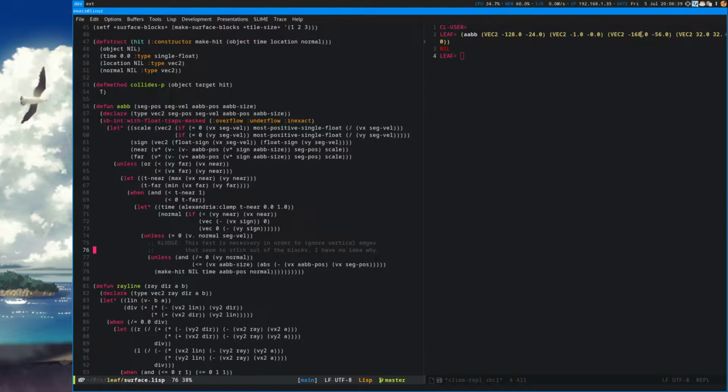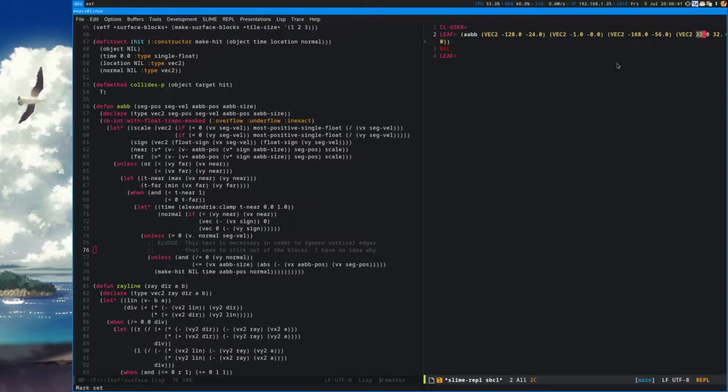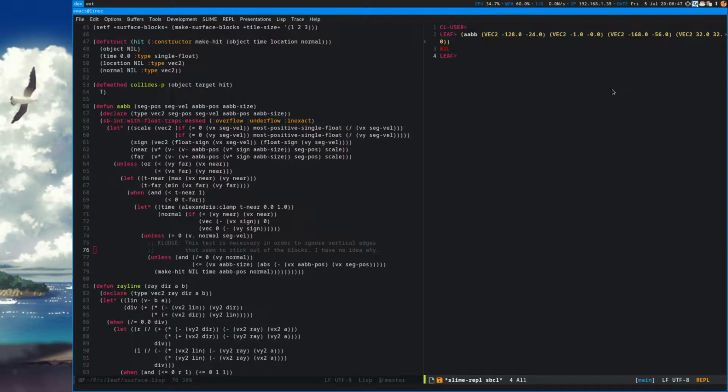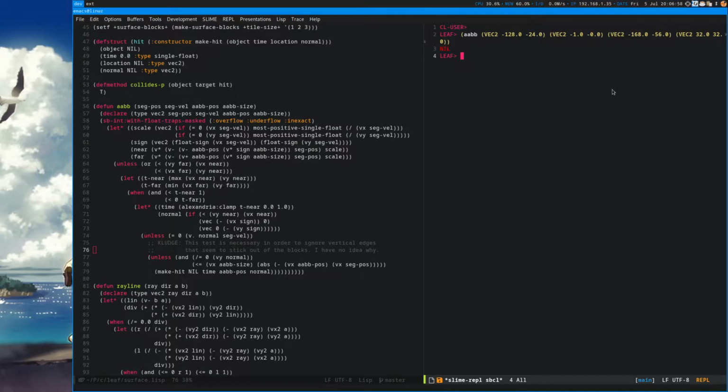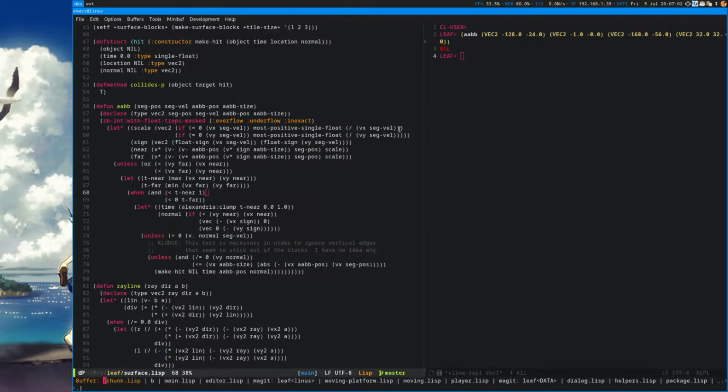So... minus 168 plus 32 is... 136. Okay, so that clearly doesn't hit. Or at least I don't think it does.